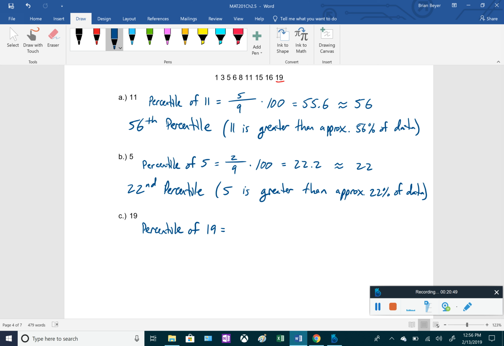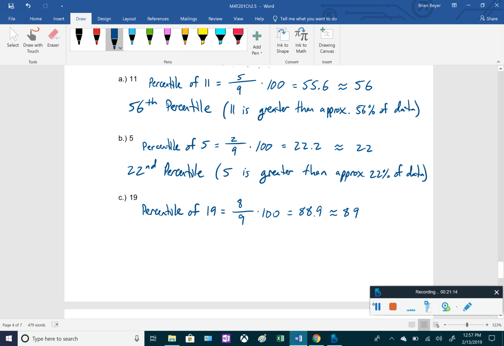So we'd count how many are below it. 1, 2, 3, 4, 5, 6, 7, 8. So 8 below that data entry divided by 9 total times 100. This is actually going to give us 88.9, which would be about 89. So this means that this data entry 19 is at the 89th percentile.